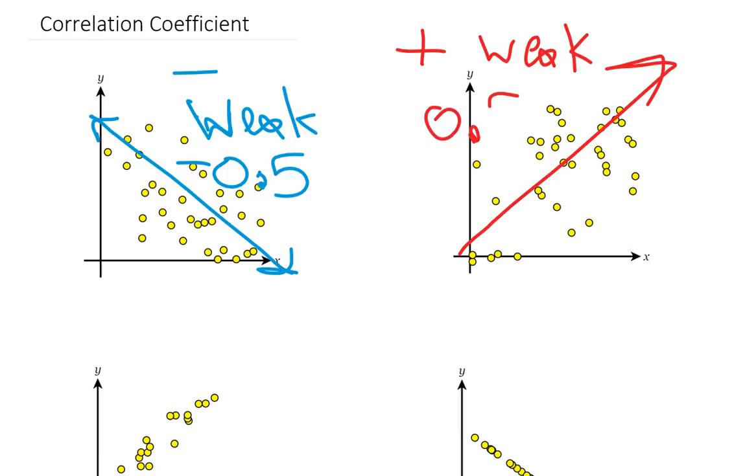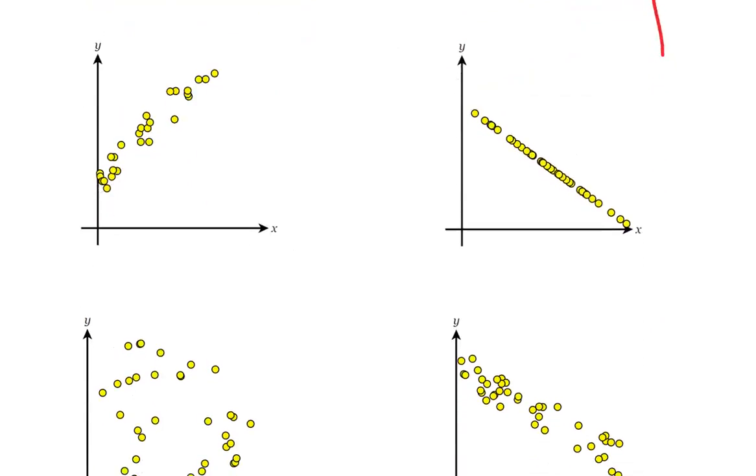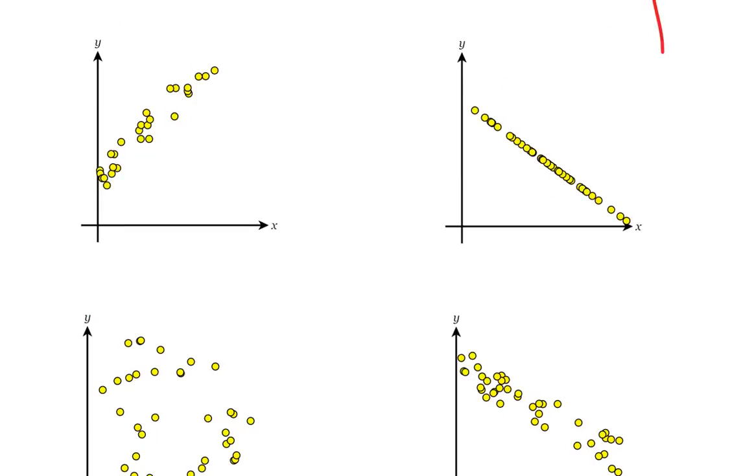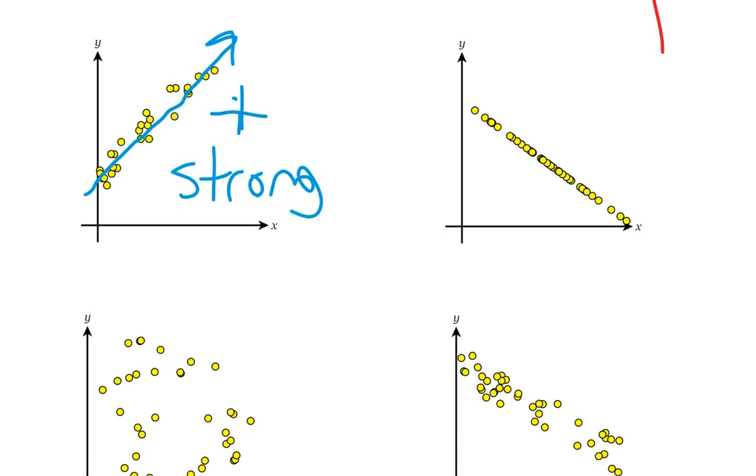So that would be somewhere probably around 0.5 as well. If I scroll up a little bit, we can see here now we're talking a much stronger correlation, and positive. It's positive, and it's strong since all of those numbers are pretty much right around those two lines. I would say that's going to be somewhere around 0.8 for our correlation.